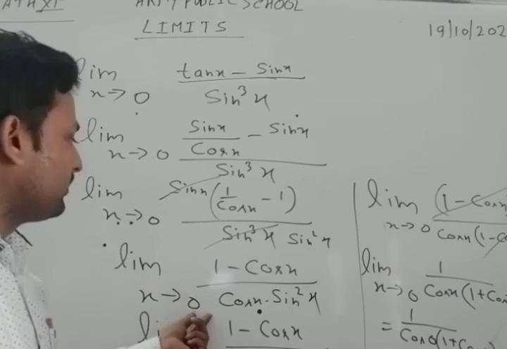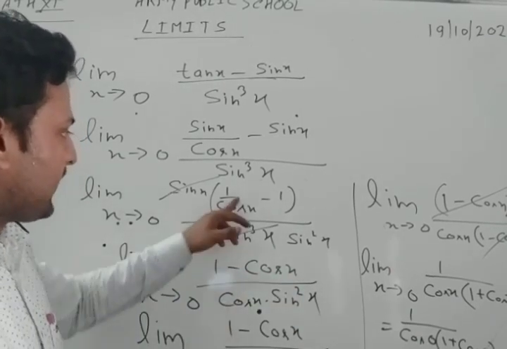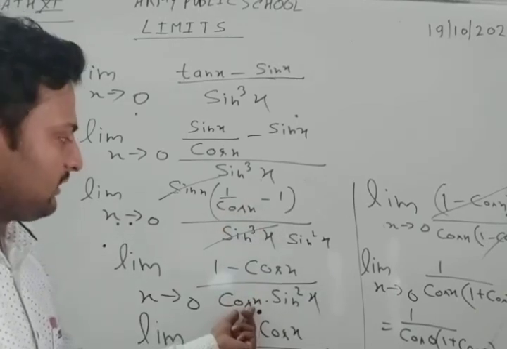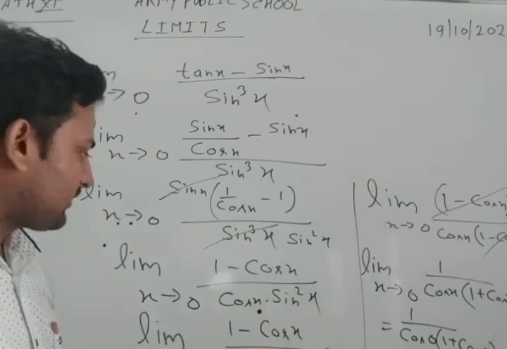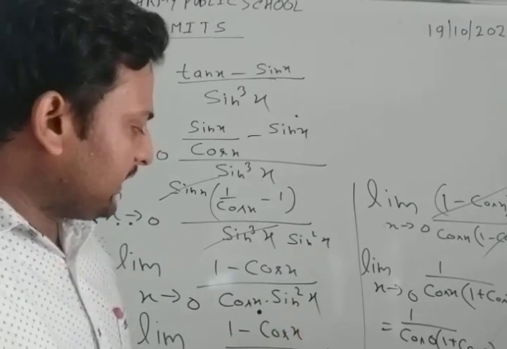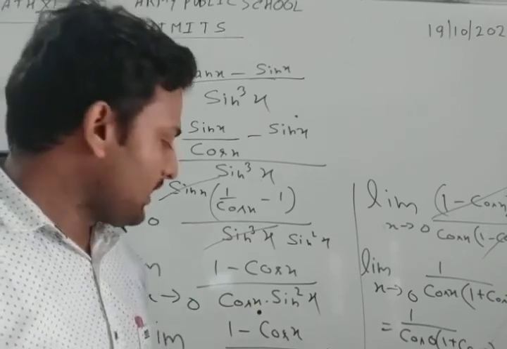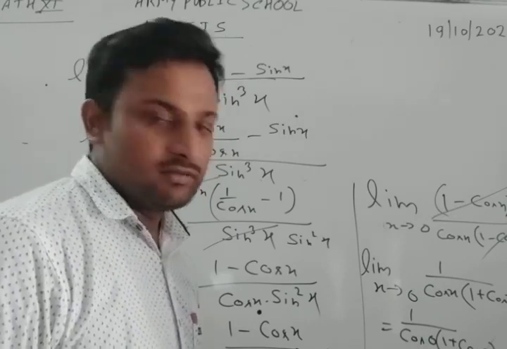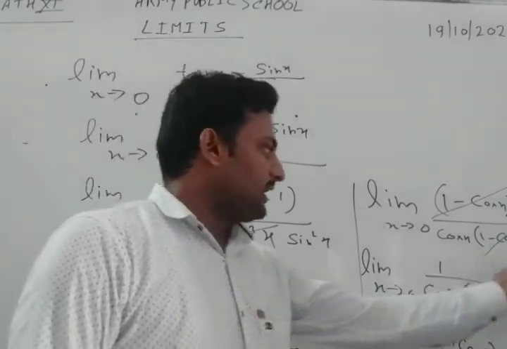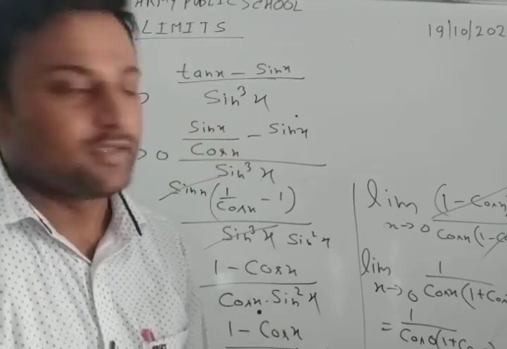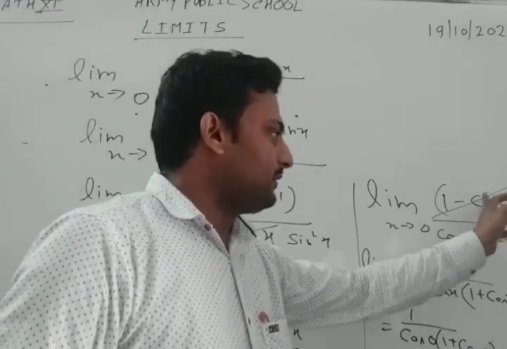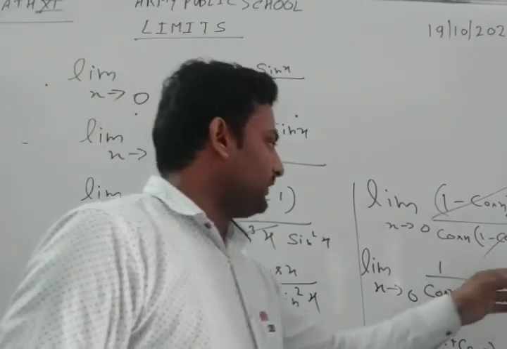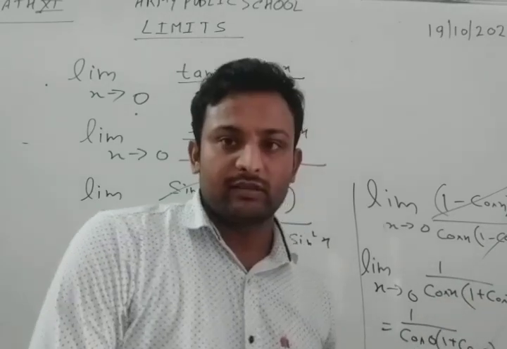So limit x tends to 0, (1 minus cos x), taking LCM, and cos x will come in the denominator, and this is sin square x. Now sin square x can be written as 1 minus cos square x, and we write this as a square minus b square: in the first bracket a minus b, and in the second bracket a plus b. So the term a minus b will be cancelled from the numerator and denominator. So we get 1 by cos x (1 plus cos x).